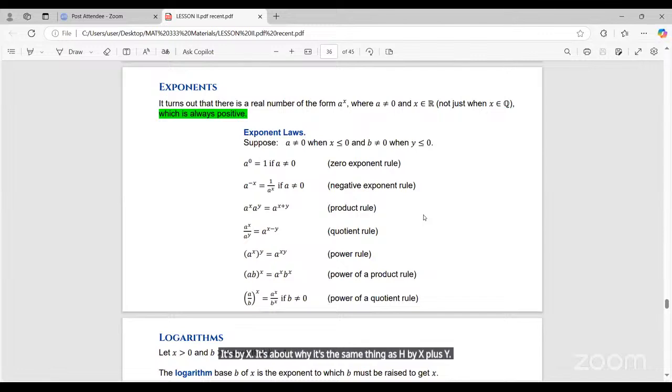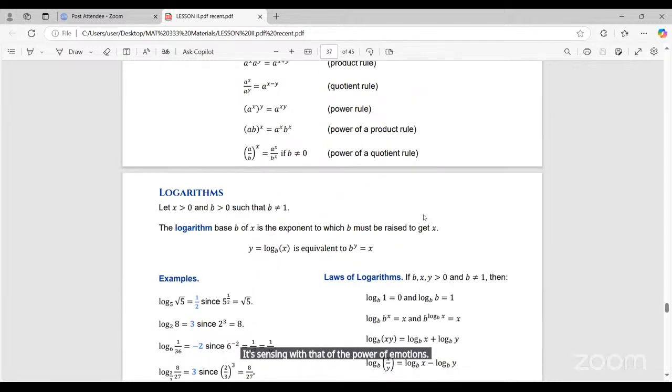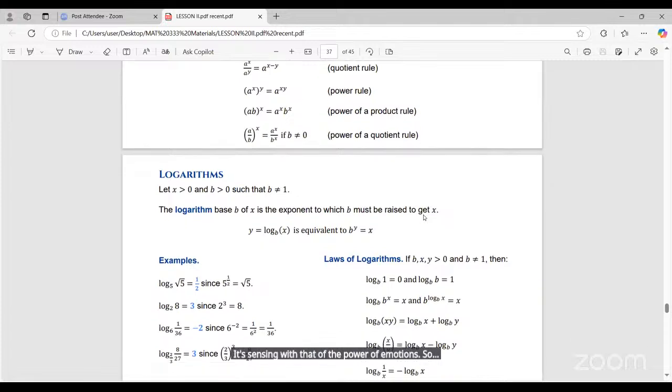That's the product rule. a to the power x over a to the power y is equal to a to the power x minus y, which is our quotient rule. a to the power x, all raised to y, is equal to a to the power xy, our power rule. ab to the power x is equal to a to the power x times b to the power x. Same thing with the power of a quotient. So, that's for exponents.